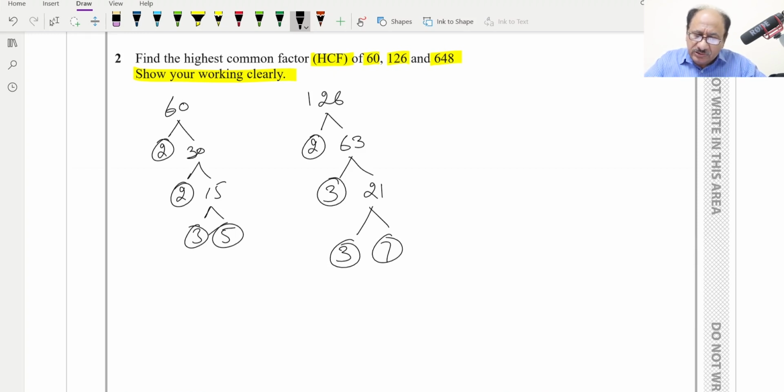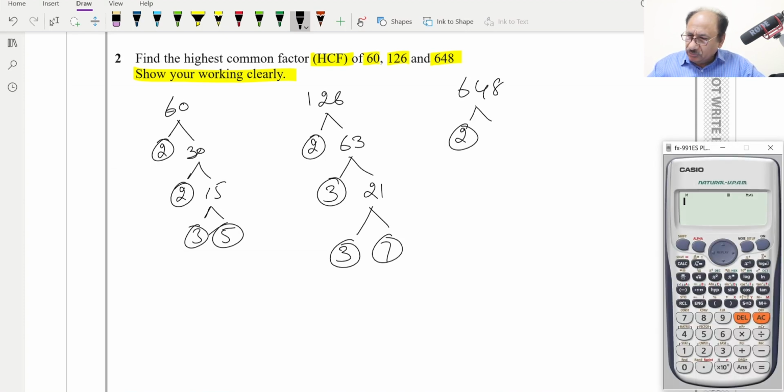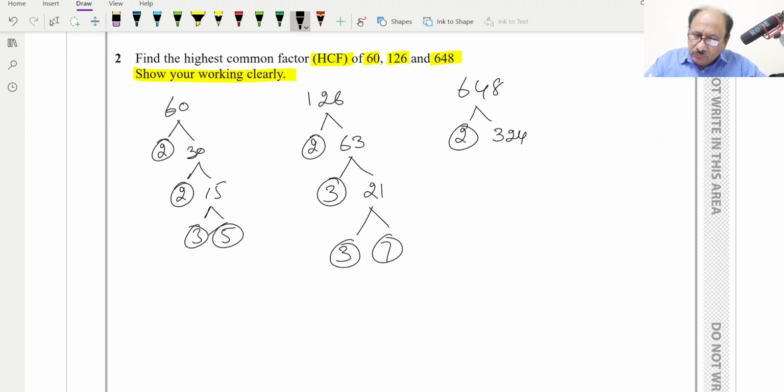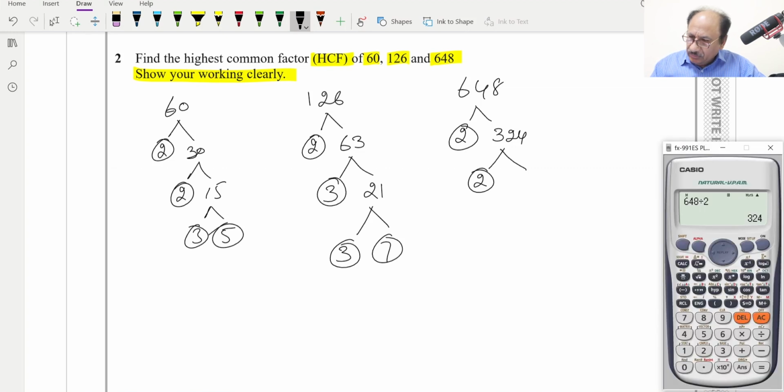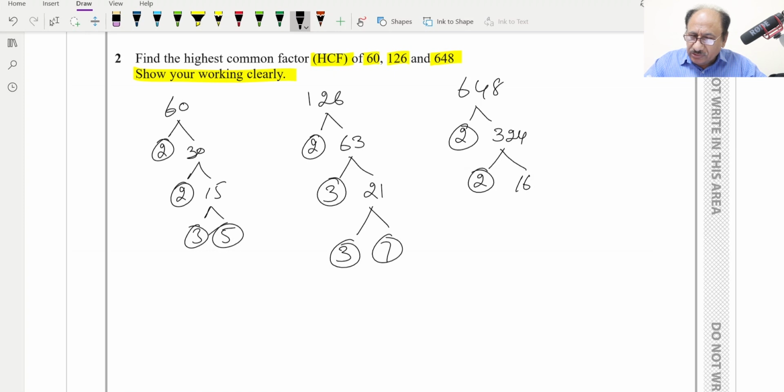And then comes 648. For 648 also we start with 2, and you can even use the calculator because the calculator is allowed. So 648 divided by 2 will be equal to 324. Again 324 is divisible by 2, and this is equal to 162.